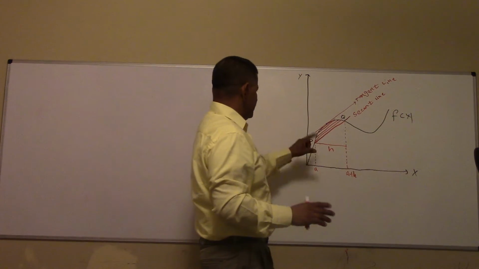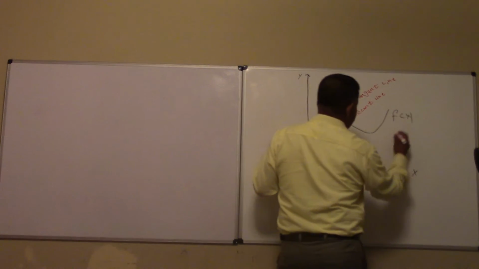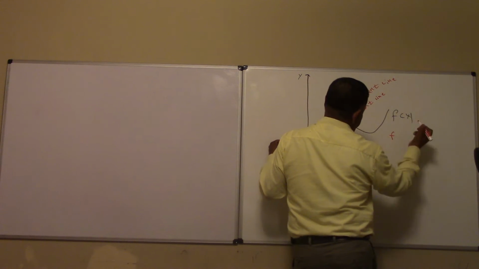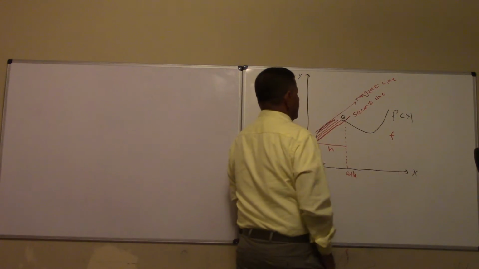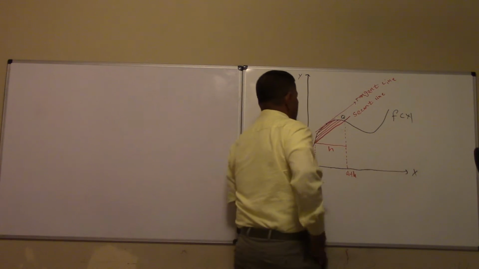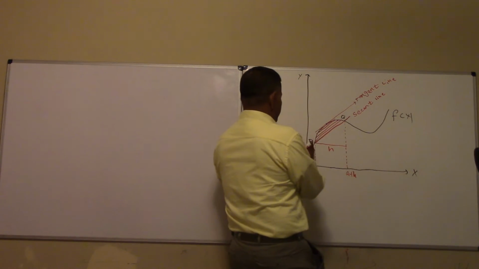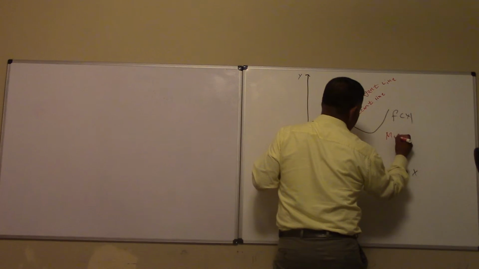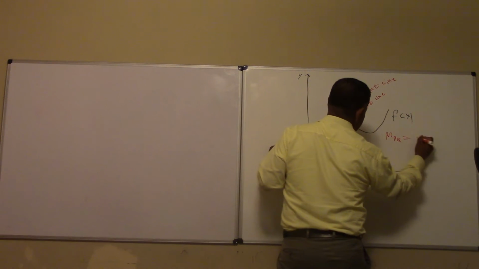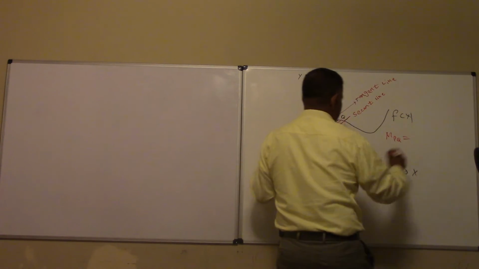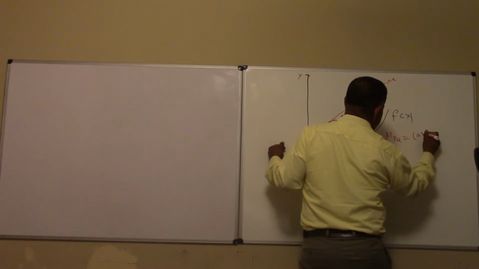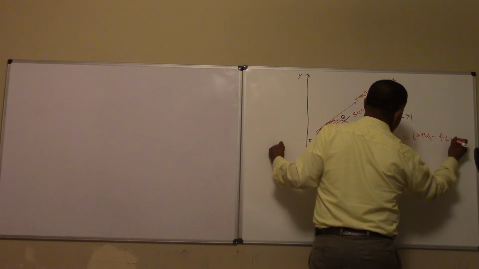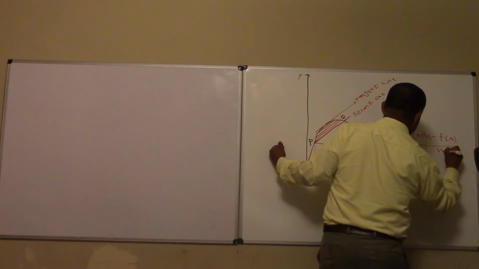So the formula for this is the following. The formula is F, you can call it M, because it's between P and Q, so you can call it M_PQ, equal to f of a plus h minus f of a, over h.